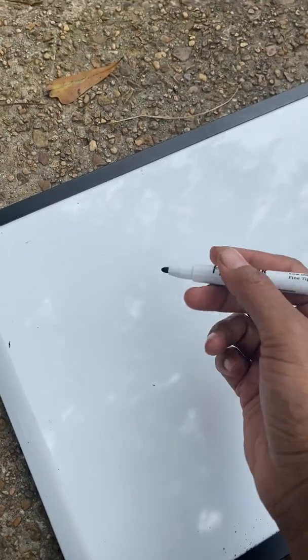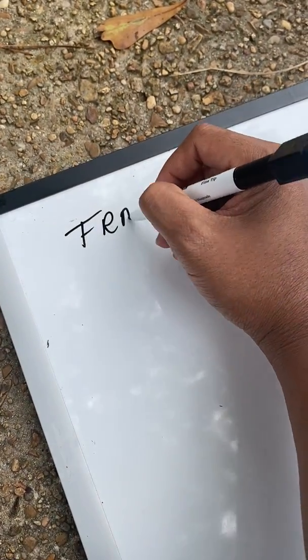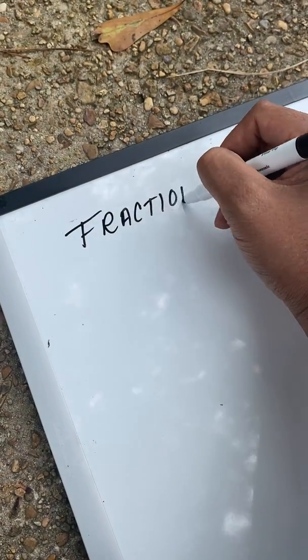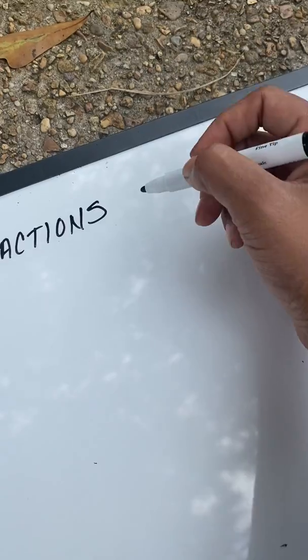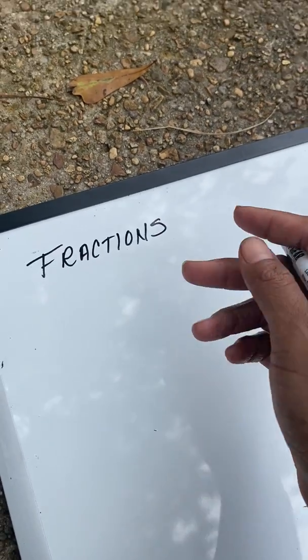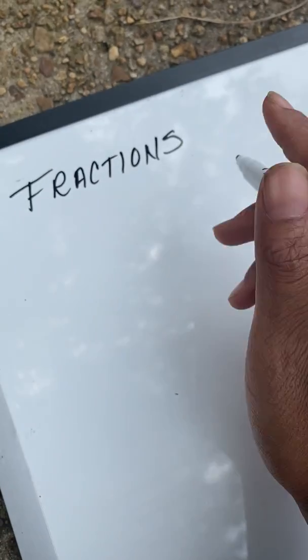All right, so the first thing that we're going to cover will be fractions. Remember we talked about improper fractions and mixed fractions. We talked about proper fractions and reducing fractions. So again, I just want to go over some things.